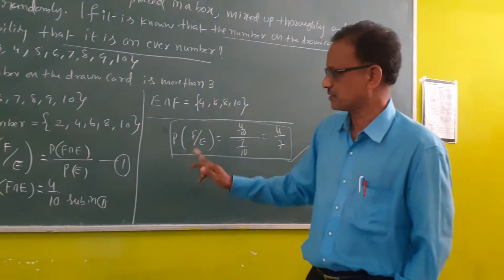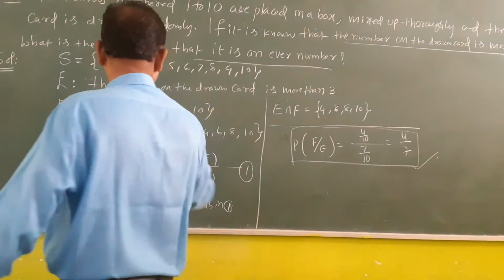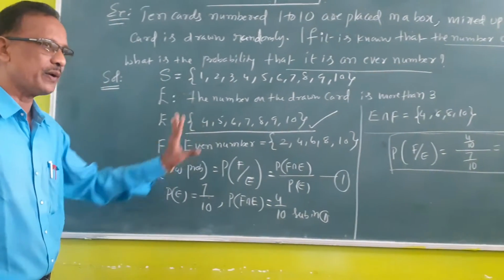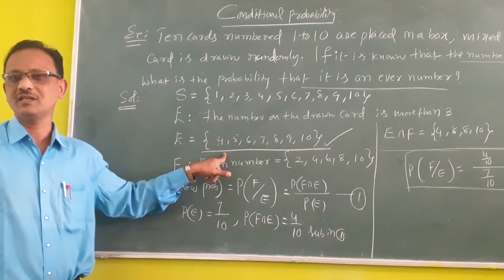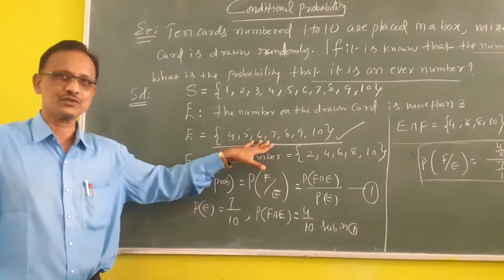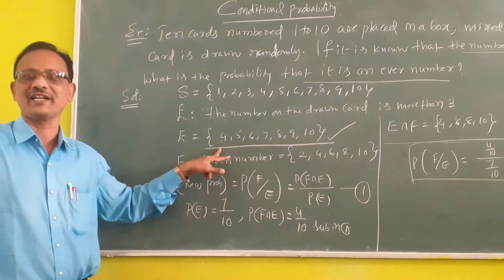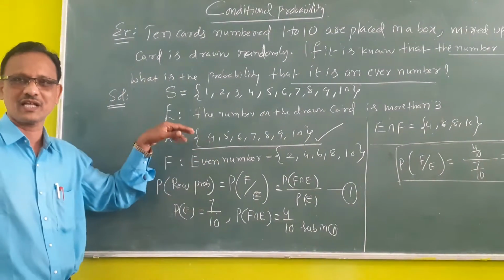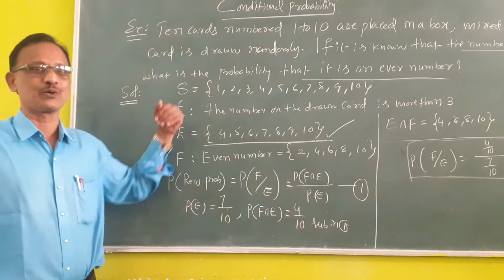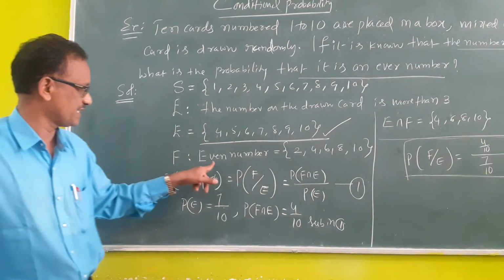So event E is there. How many are favorable to F based on E? This is E, so we can treat it as the sample space here. Based on this event, what are the favorable outcomes for F? F is an even number.